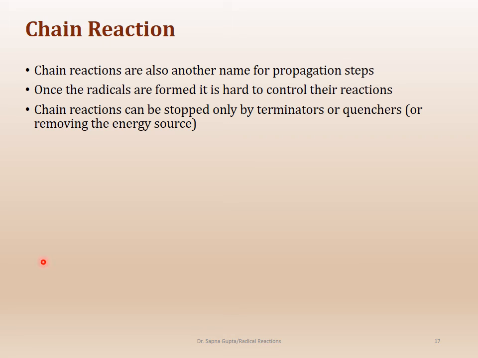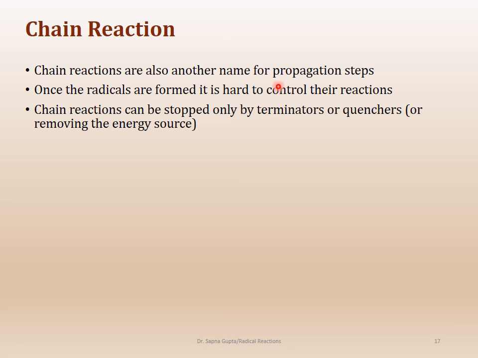So another phenomenon that happens in free radical reactions is chain reactions. Chain reaction is another name for propagation steps, where you form a free radical in the product. But as the name sounds, chain reaction, it means that the reaction goes on and on and on, so it's very hard to stop. And the other thing about radical reactions is because radical reactions are very high in energy, it's sometimes a little bit hard to control what's going on.